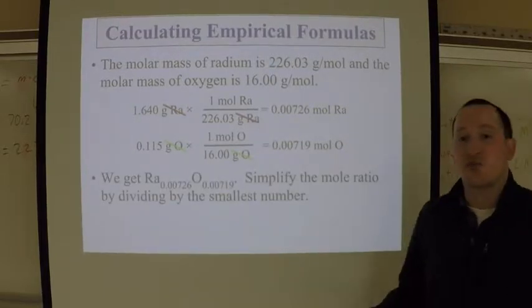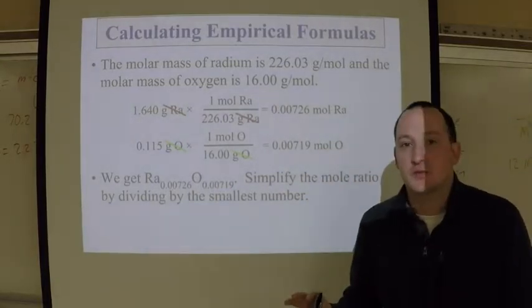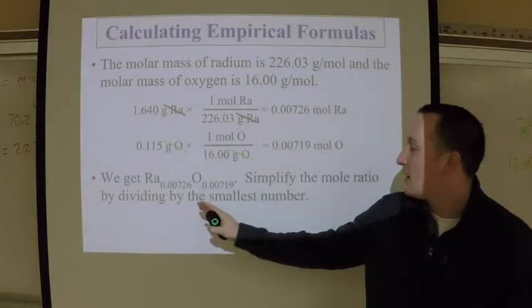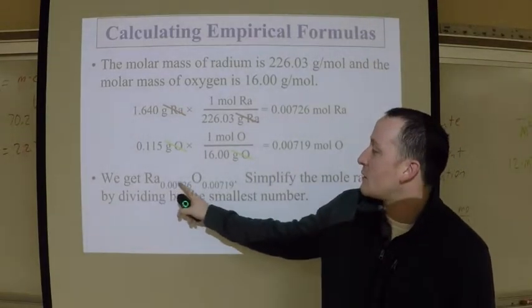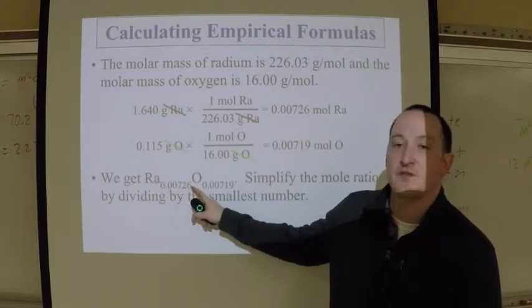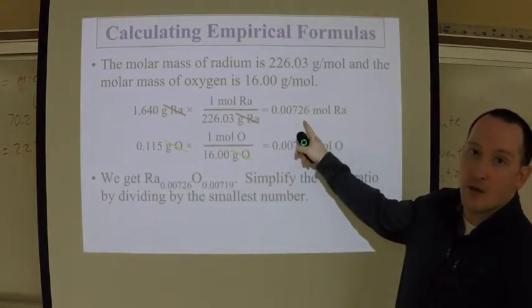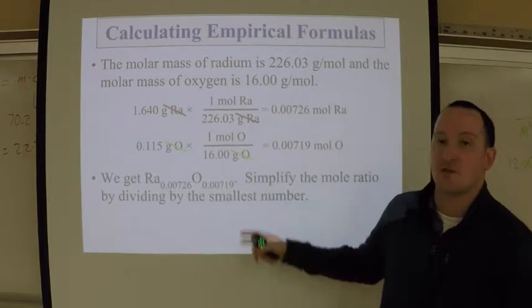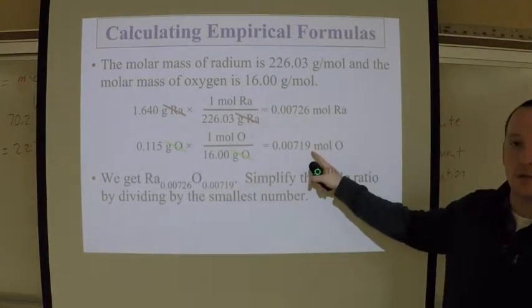So here's what that means. We never use subscripts that are decimal numbers, but if we could, here's what my formula would look like. I would have a subscript for radium that's 0.00726, because that's how many moles I have, and my subscript for oxygen would be 0.00719, because that's how many moles I have.